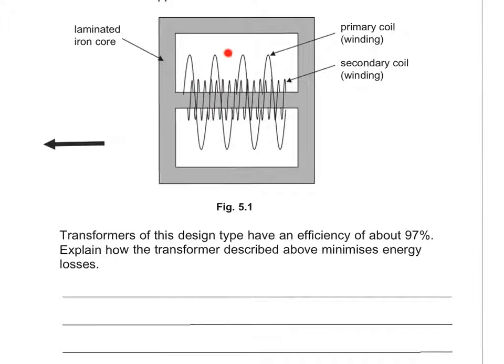So they would be selected to have thicker wire to accommodate the higher current expected on those coils. So lower resistance, thicker wire on windings where more current is expected will reduce energy loss through I squared R losses, ohmic losses.